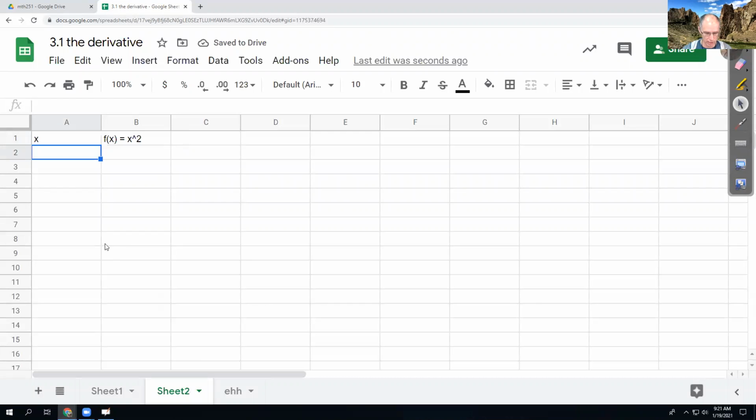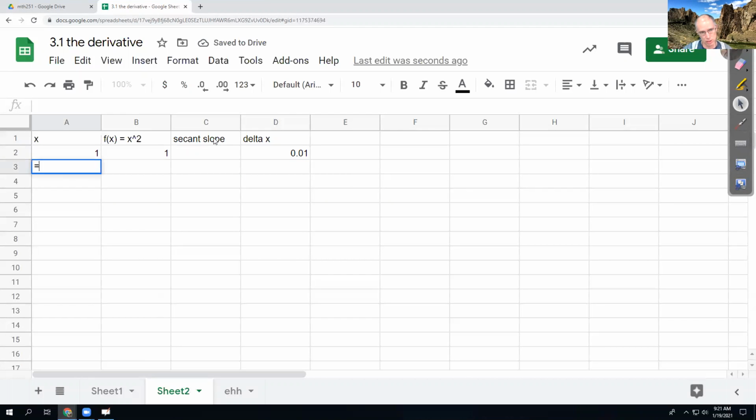So I'll have, for example, we have the point 1, 1 we're considering, and then we're going to add on a delta x and see what happens. So we want to have the rate of change here, the secant slope. We'll calculate here, and I just want to make a note of what delta x is over here. So delta x. So let's start off with 0.01.